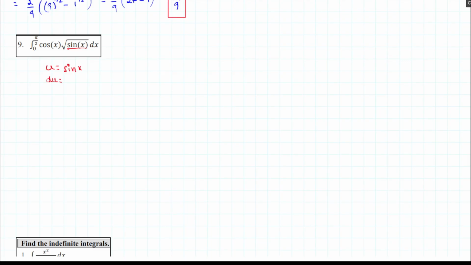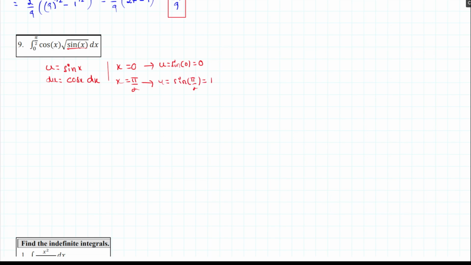Then du equals the derivative of sin x, which is cos x dx. Okay, and the limits: when x equals 0, then u equals sine 0. The sine of 0 is still 0, and when x equals pi over 2, u equals sine pi over 2.